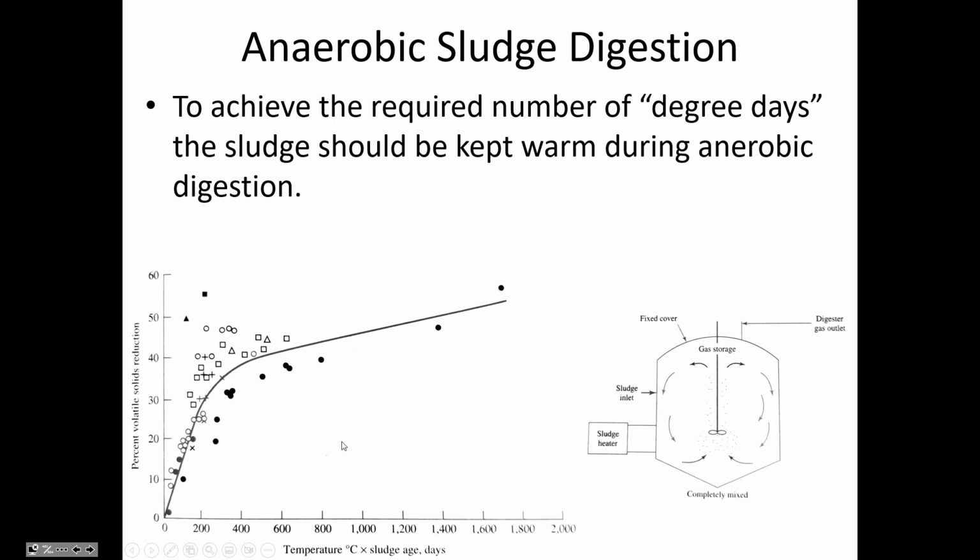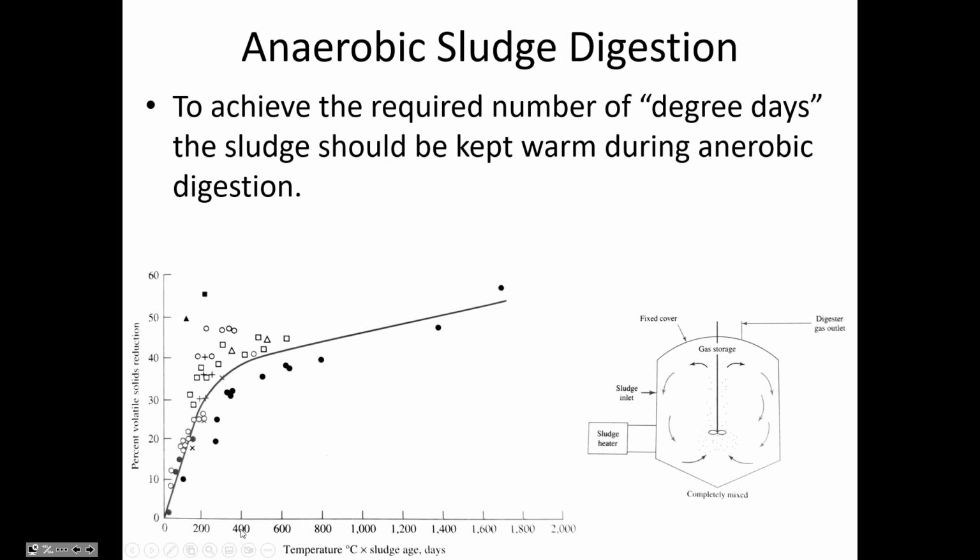And so the sludge that's coming in, if you say want to reduce the volatile solids by 40 or 50%, then this regression analysis, the curve here is a best fit line that fits all of the data that was observed and kind of is a rule of thumb estimate. And now on the horizontal axis is temperature times time, in Celsius multiplied by the number of days of residence inside the reactor.